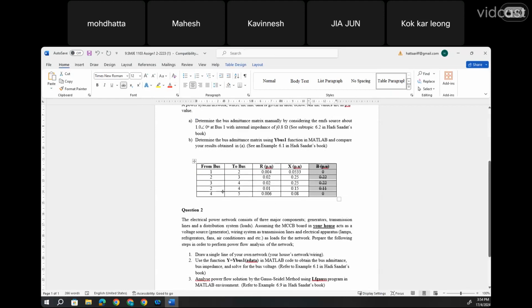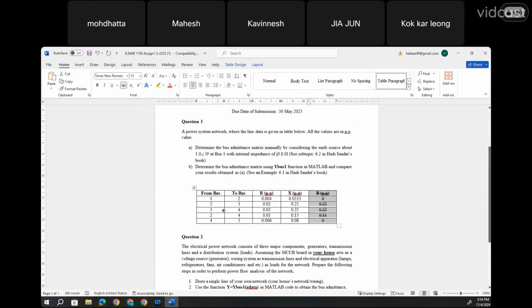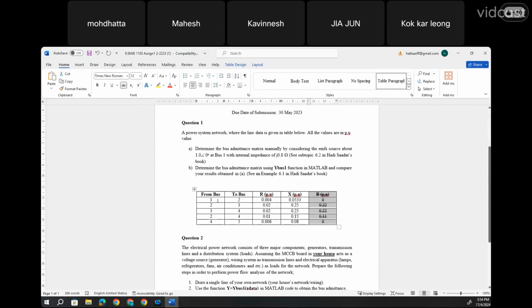If you see assignment one, part of the solution is discussed. Okay, it's up to you to get more information on how to solve question number one and also to complete question number one and question number two.